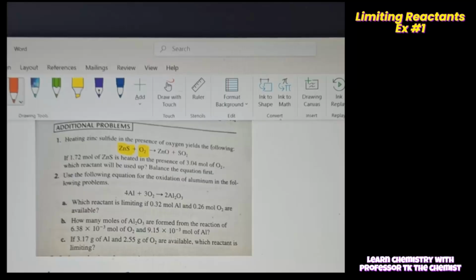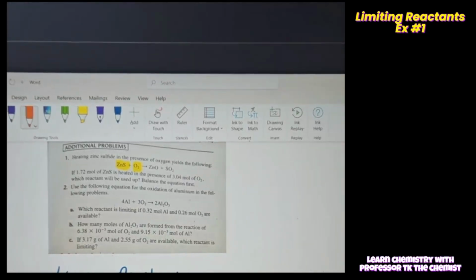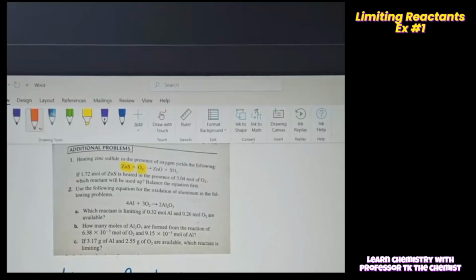So now, this problem is balanced, okay? And if you look at what's given, let me go ahead and write it out. They gave you 1.72 moles of zinc sulfide in addition to 3.04 moles of oxygen. Now, within this given information, which one of these is the limiting reactant?